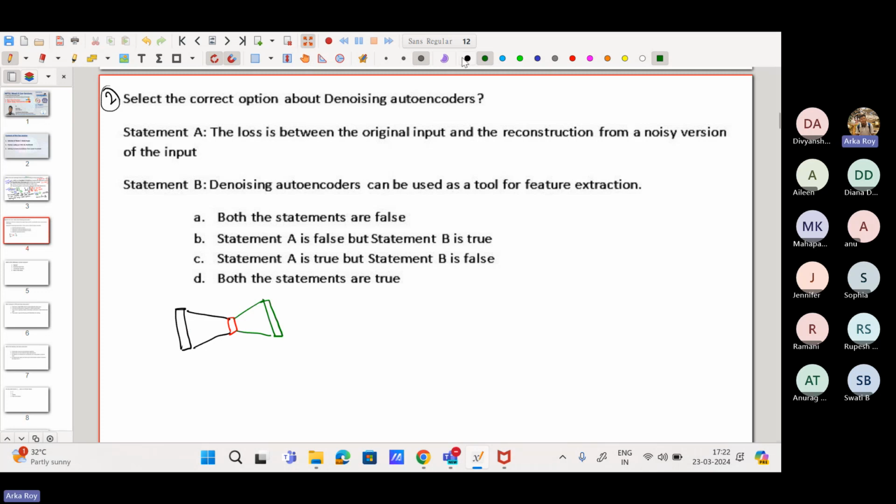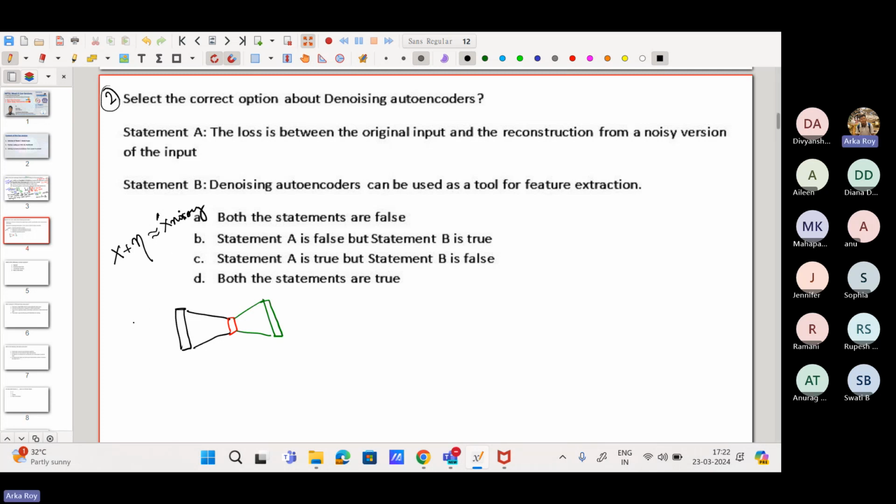Now, you have an input, let's say X. What you do is perturb this input with a noise, let's say eta, and you produce a noisy version, X noisy.